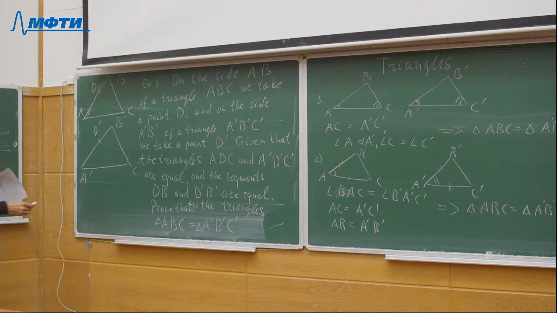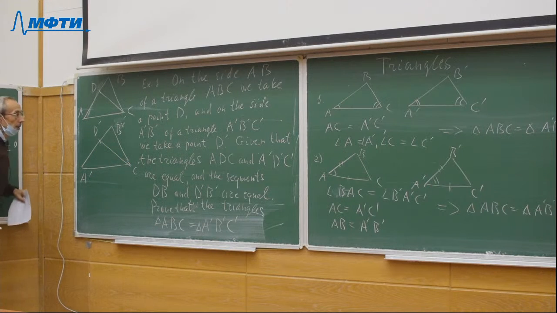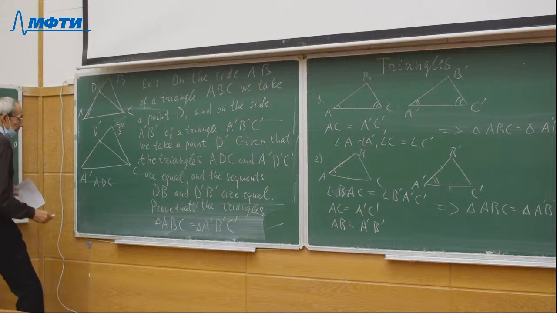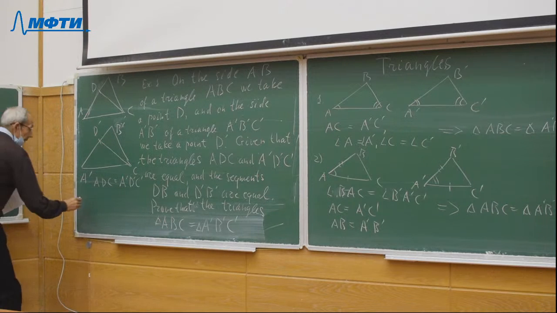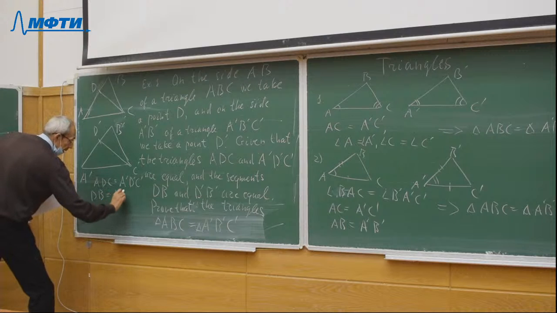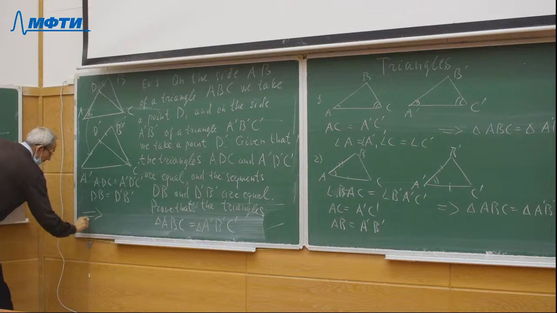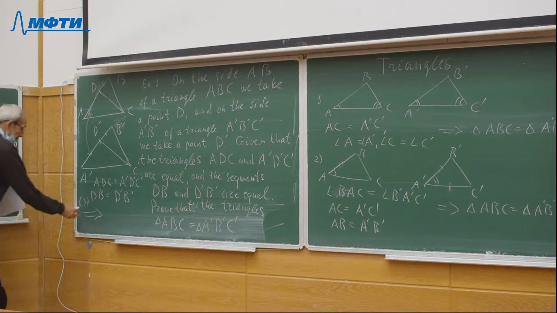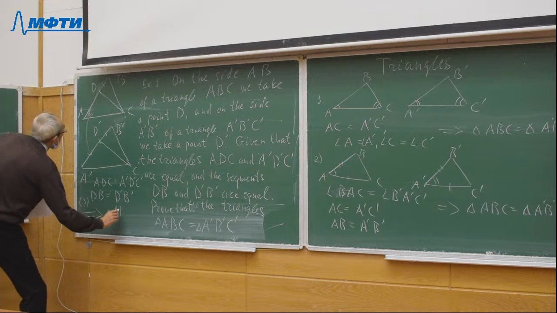We have that the triangles ADC and A prime D prime C prime are equal, and the segments DB and D prime B prime are equal, and then we have the equalities of these triangles.